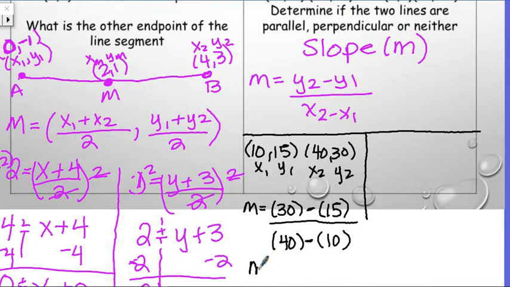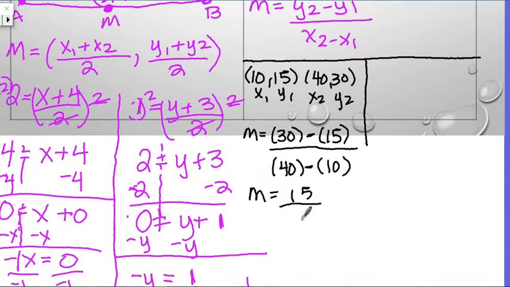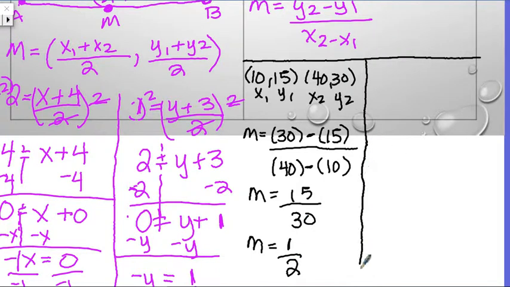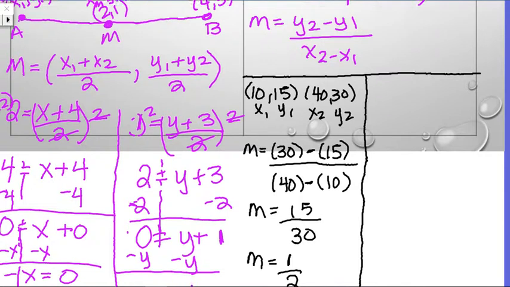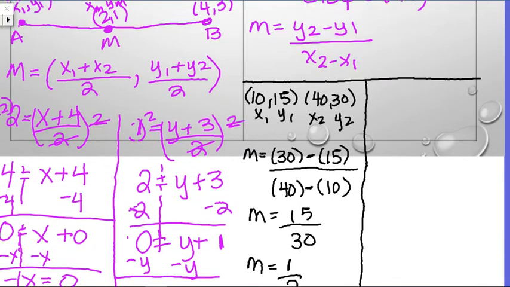So you get M equals 15 over 30, which reduces to 1 over 2. You can use your fraction key, put this fraction in, and it'll simplify it for you. Or you can divide both the top and the bottom by 15. That's the greatest common factor that they have.